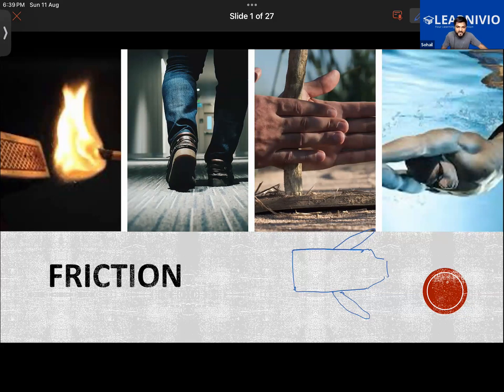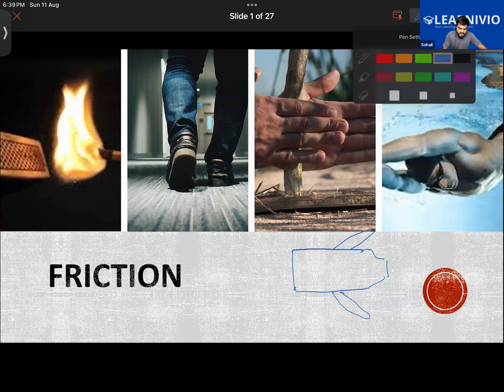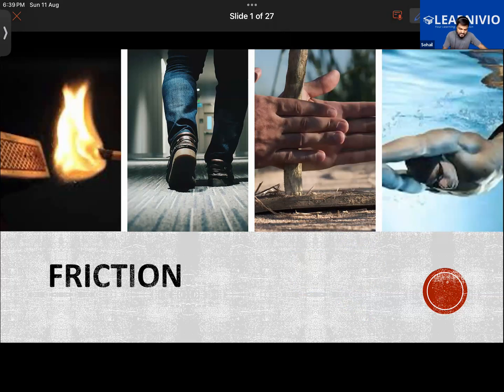Will it be easy to fly the aeroplanes if it were to be of this shape? No, sir. Obviously no, because the air friction will increase, air resistance will increase. So that is something which we learn, that how a streamlined shape helps in reducing the friction and how fishes and birds are able to save their energy due to the shape that they have.